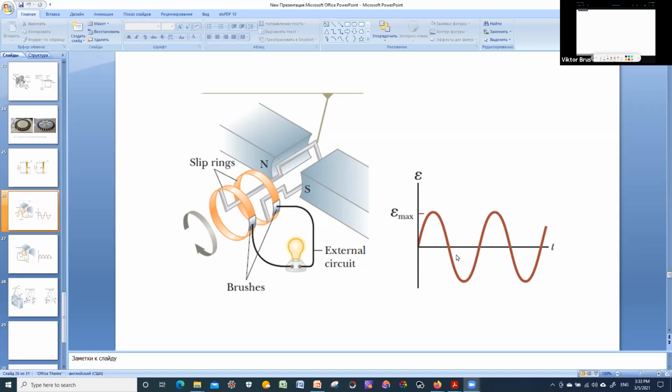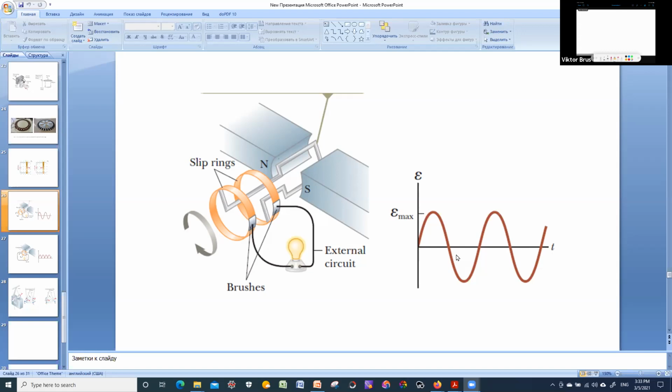And in particular, in our electric power grid, we have a sinusoidal signal with a maximum voltage of 220 volts when we operate with a single phase with respect to ground.